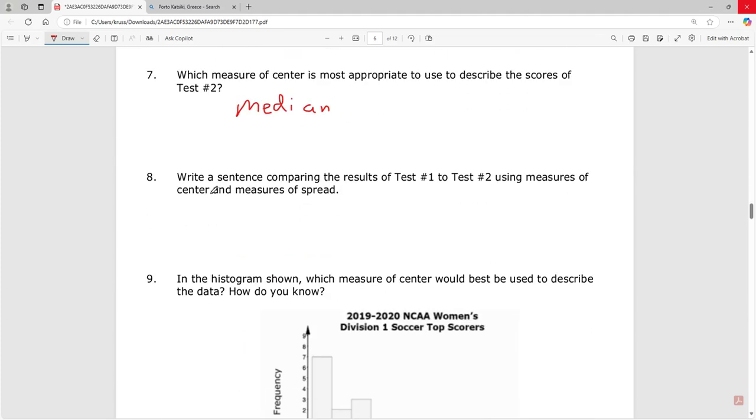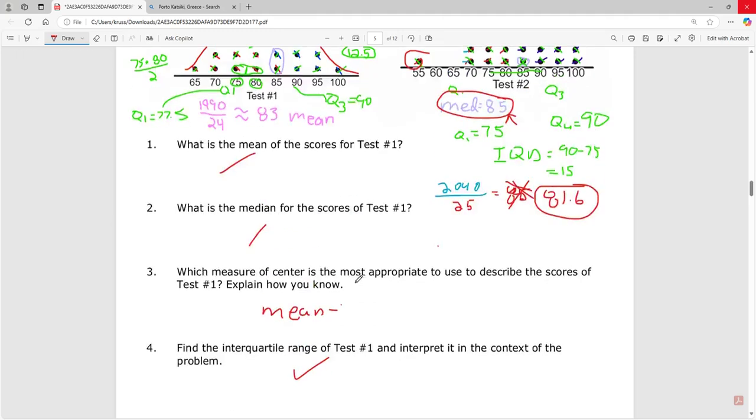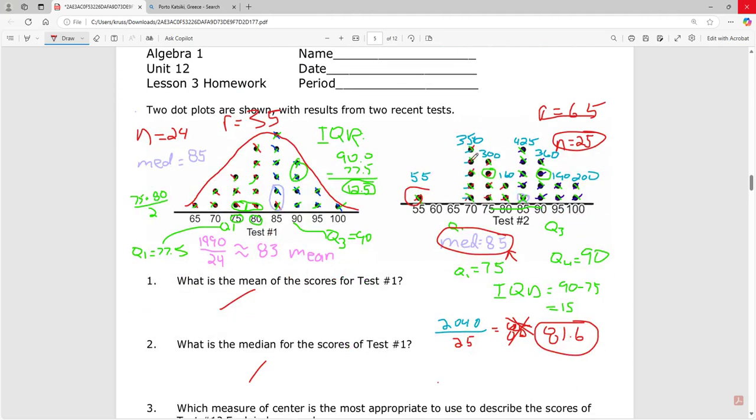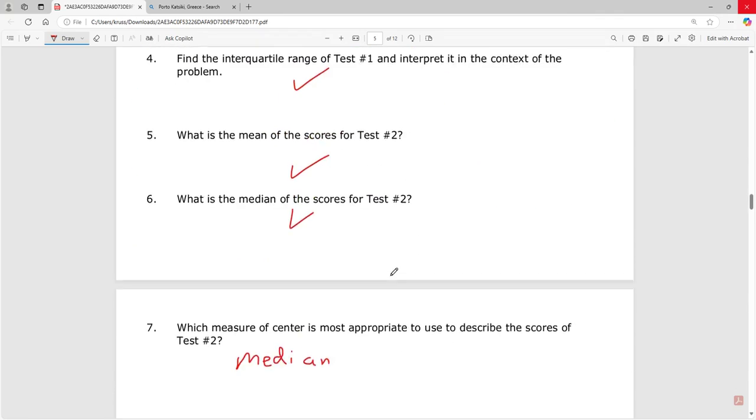Test 1 is fairly evenly distributed, whereas test 2 is widely distributed. So when you have a widely distributed data set, you want to use the median. If you have a nice and compact data set like this, a bell curve, you want to use the mean.